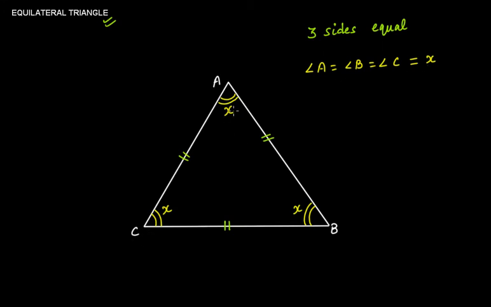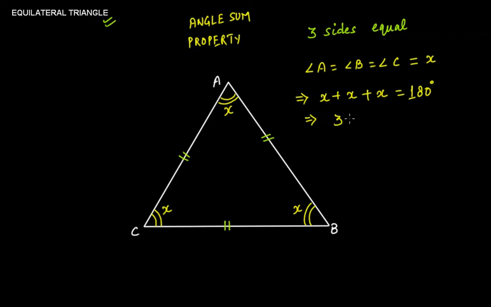So by applying the angle sum property on this triangle, the angle sum property that we have discussed just in our previous video, x plus x plus x, that is angle A plus angle B plus angle C, is equal to 180 degree.